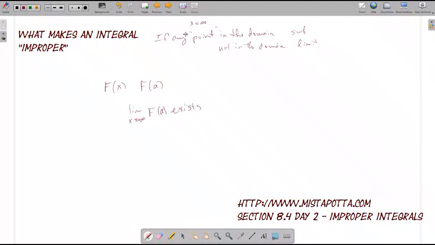So this brings up an interesting idea that I can find the improper integral if I have just any quirk in my domain.